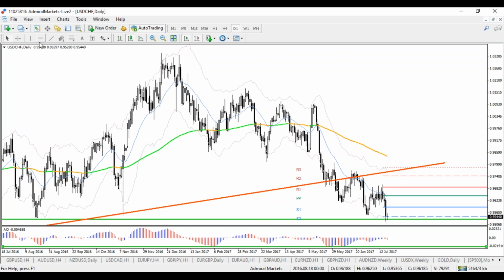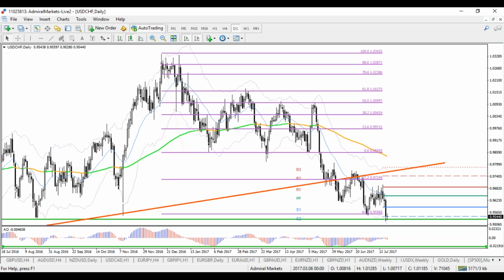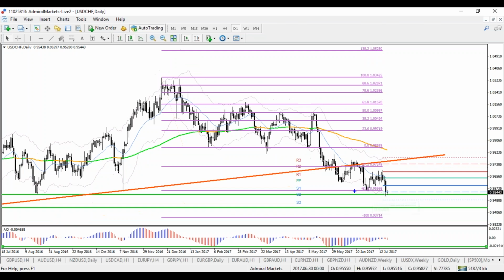Let's put a fib from here to here. And we can see a 61.8 bounce. Pretty neat bounce. Price has hit the minus 61.8 target and the minus 272 target. Small reaction at the first target, bigger reaction at the second target. But now price is breaking through that target. All right, so this could be a retest of the same target.